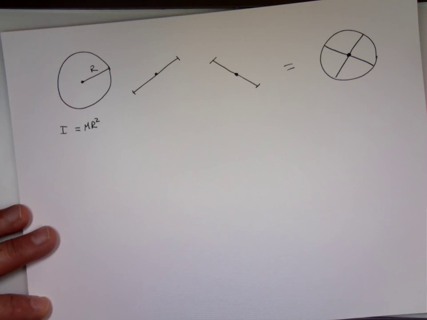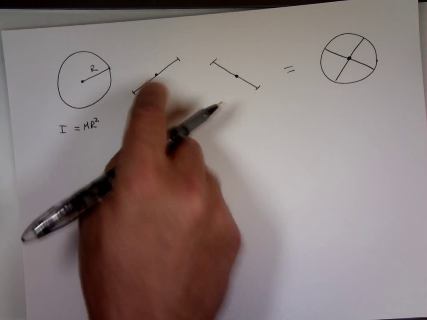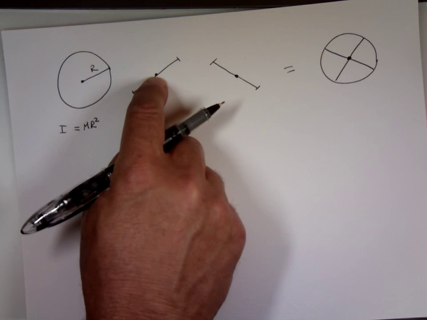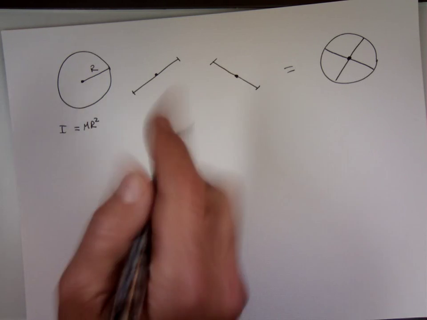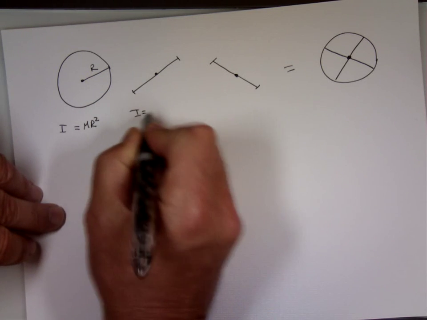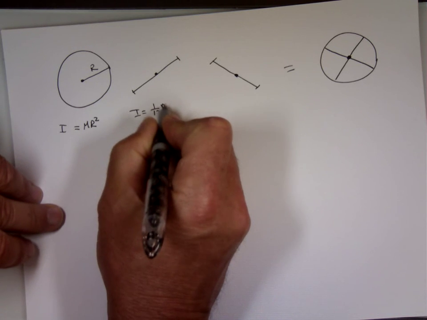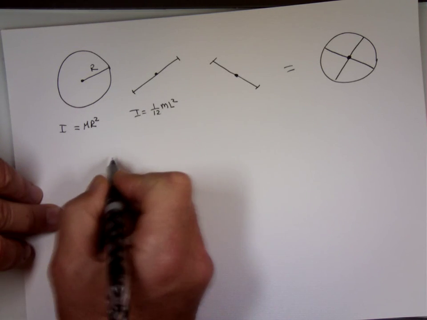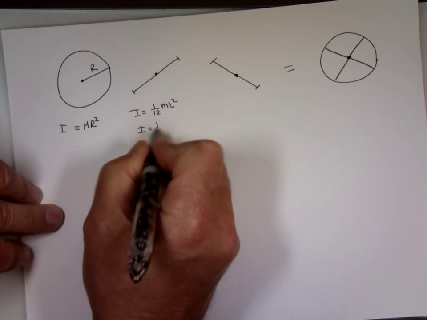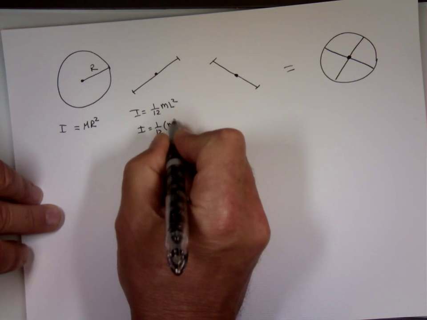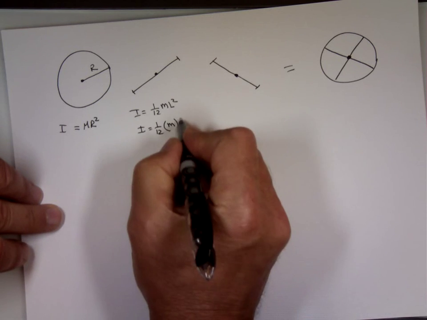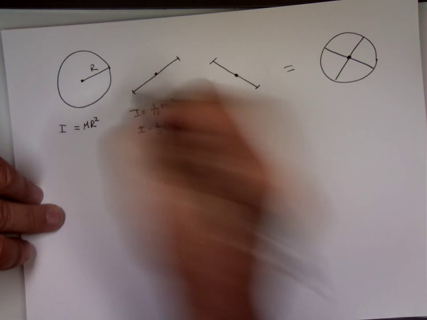The inertia for this, it's a rod that spins around its center. The inertia is 1/12 m l squared. I gotta take the mass of that. I don't know what the mass is, I gotta weigh it, put it on the scale, but I know the distance from here to here is what? 2r.